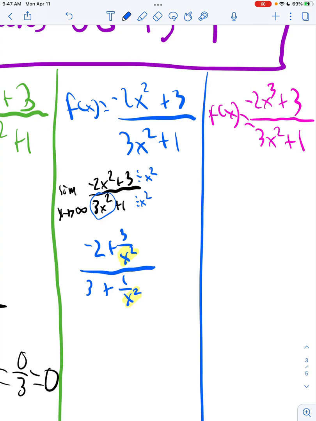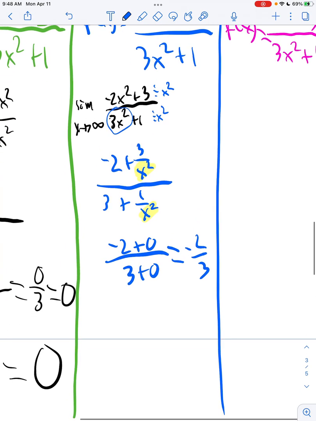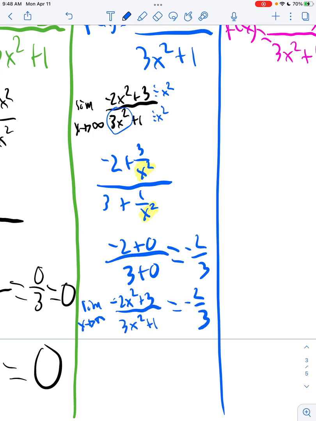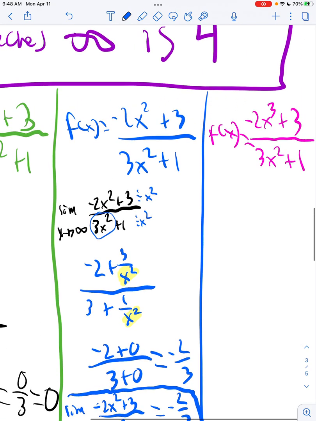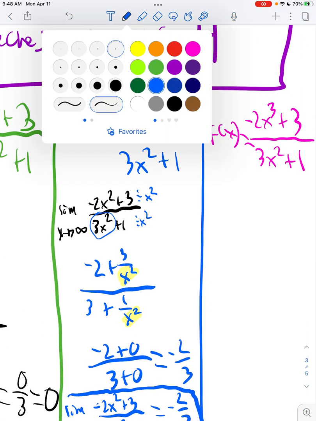Again, as our limit goes to infinity, that's eventually going to equal 0, which means we get an answer of negative 2/3. So the limit as x goes to infinity of what I started with, negative 2x squared plus 3, all over 3x squared plus 1, equals negative 2/3.